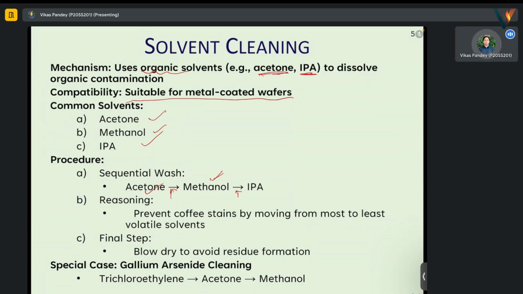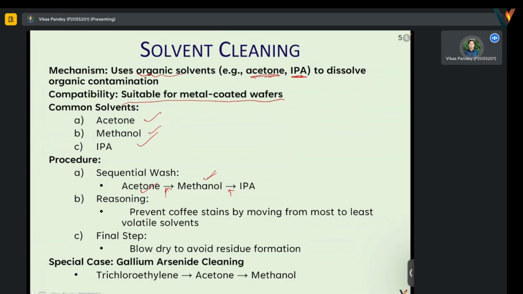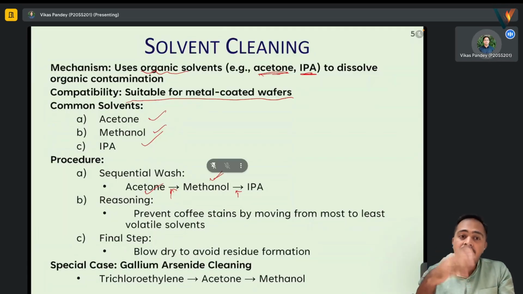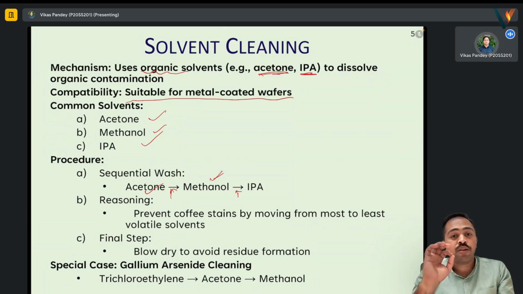If we go by IPA, methanol, and then acetone, some stains can be there. Acetone itself can create some stains. So in order that the cleaning happens as well as no stain is left.